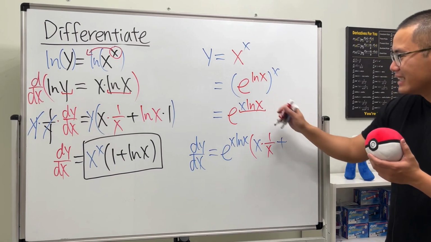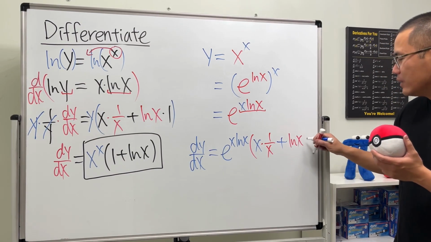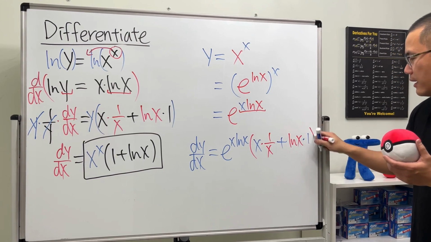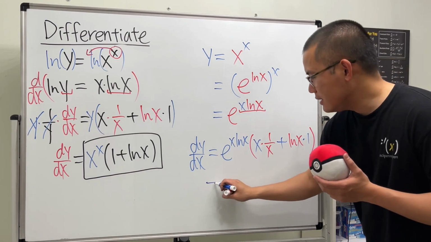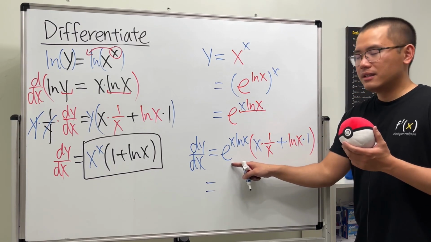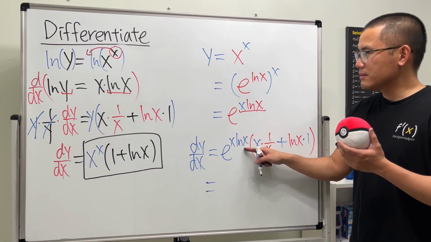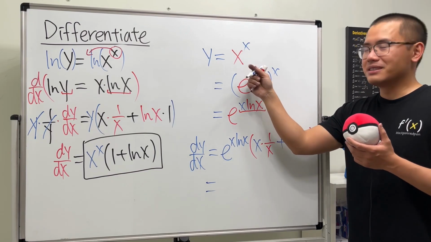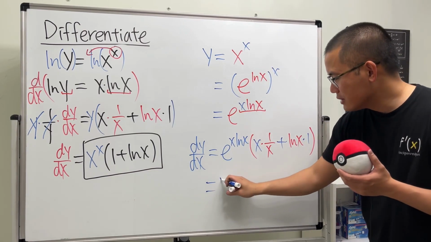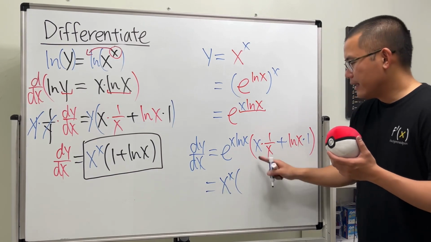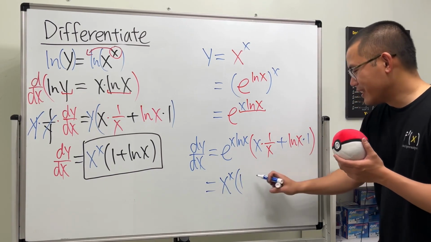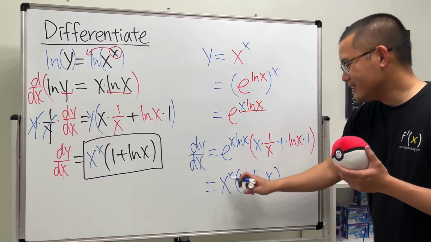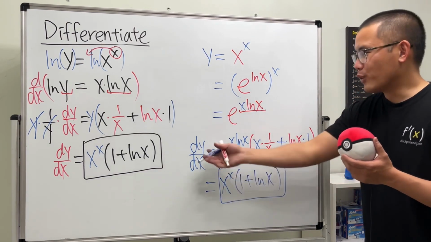And we add the second function, which is ln x, and we multiply by the derivative of x, which is 1. Okay, let's see. What exactly is this? e to the x times ln x is just x to the x power, which we can see by looking back. And then this right here is just 1, and this right here is just ln x. Ladies and gentlemen, we are done. And of course, we have the same answer.